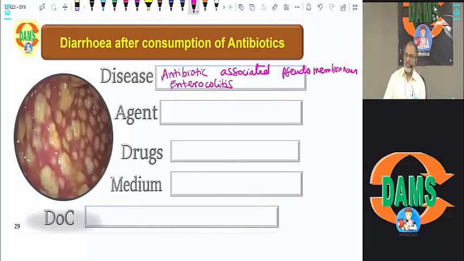What is the agent? Clostridium difficile. Old name was Clostridium difficile, new name Clostridioides difficile. Both are the same. Don't worry.